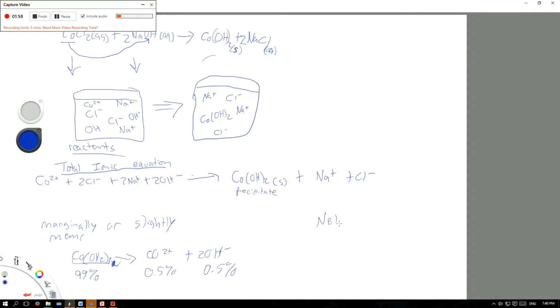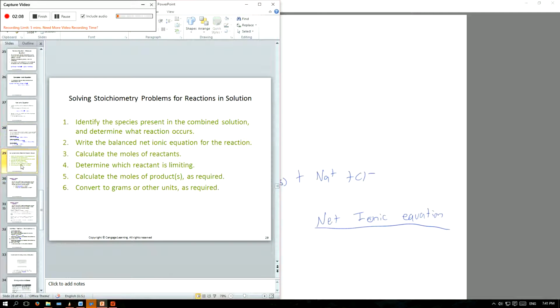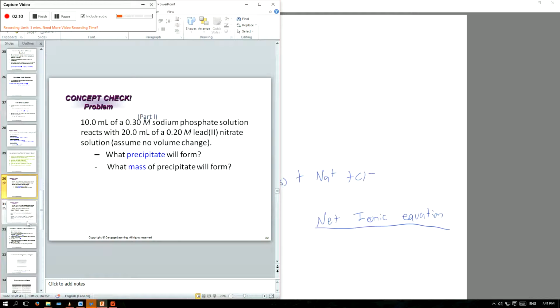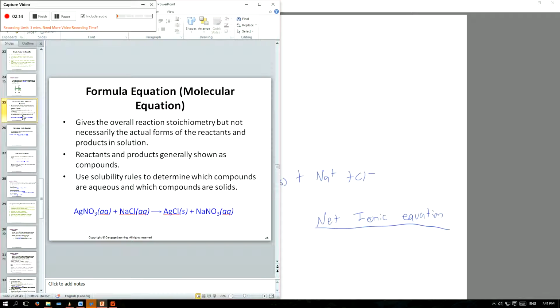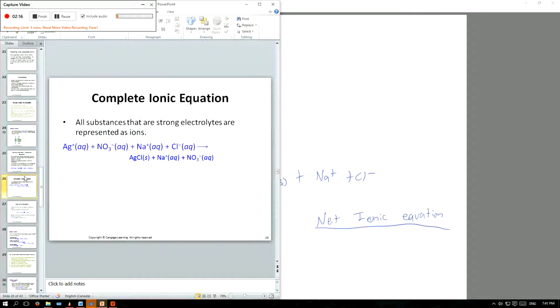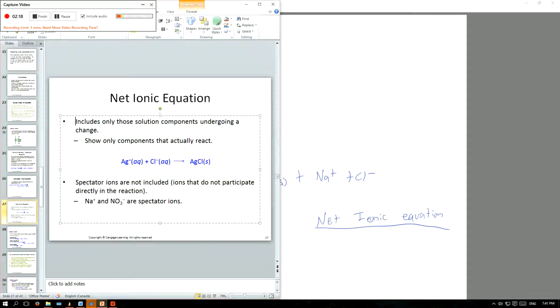And then we could say we could have a net ionic equation. Just like I have in this PowerPoint somewhere. Net ionic equation here includes only those solution components undergoing a change.